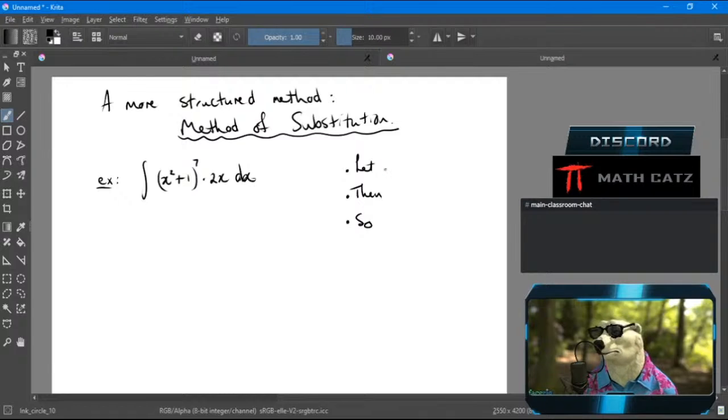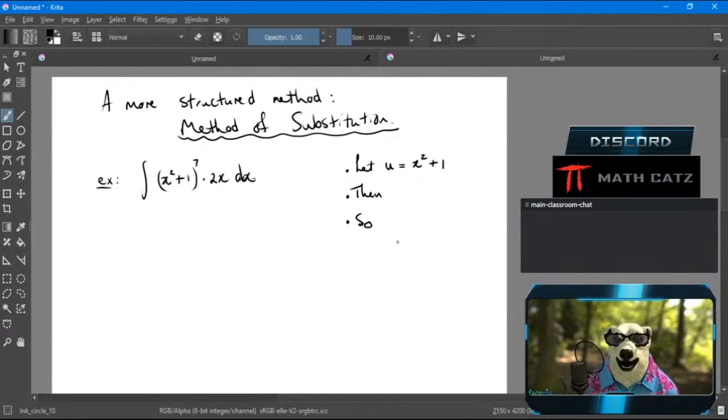I'm going to use a new variable. I'll call it u, and I'm going to let that represent the inside function that I see in the function of a function portion. In this case, it's obviously x squared plus 1. Sometimes the inside function is a little less obvious to spot.